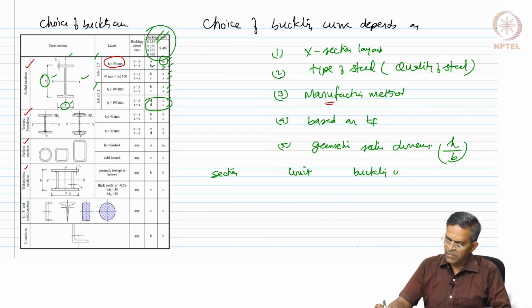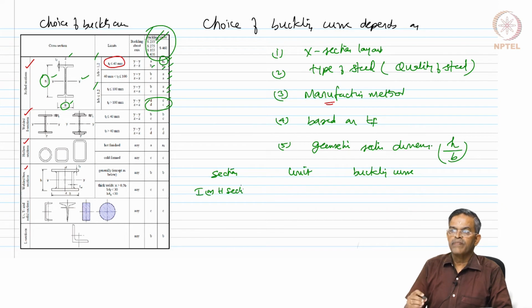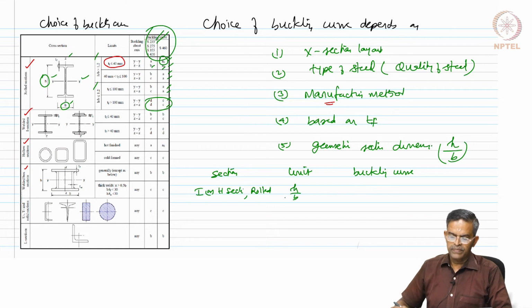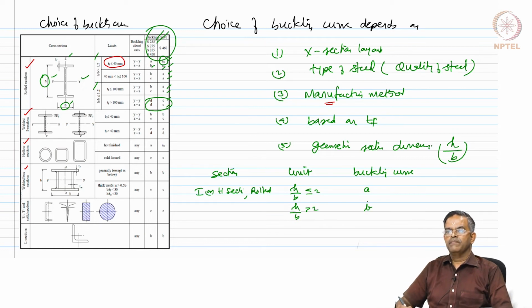If you look at this summary very quickly from this table, for I or H sections which are rolled, if h by b is less than or equal to 2, you can look for A. If h by b is more than 2, look for buckling curve B.